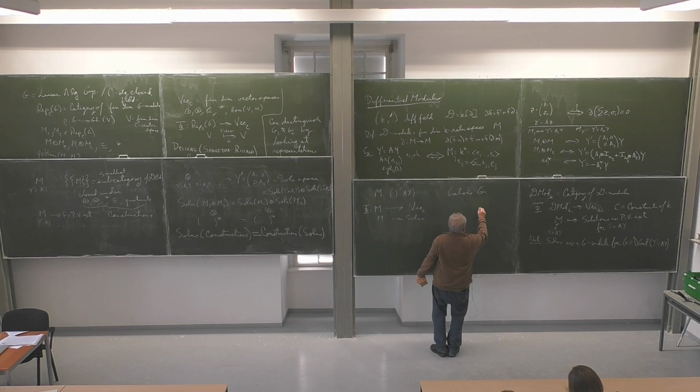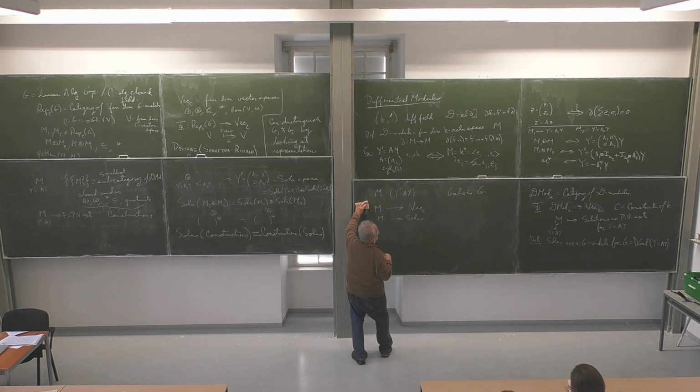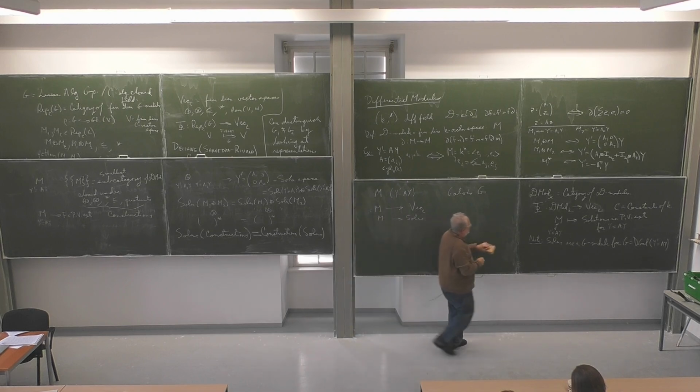And from the Galois group, I had phi too many times, didn't I? Let's call this C.